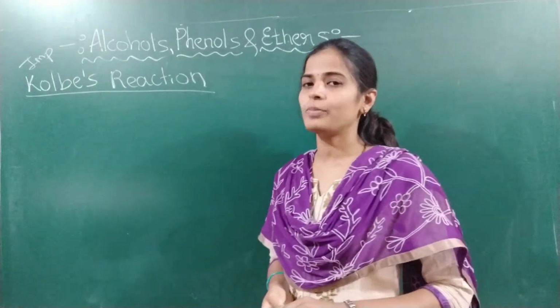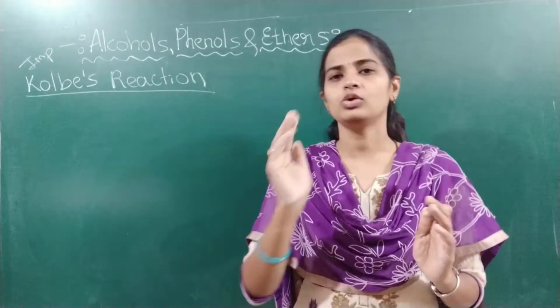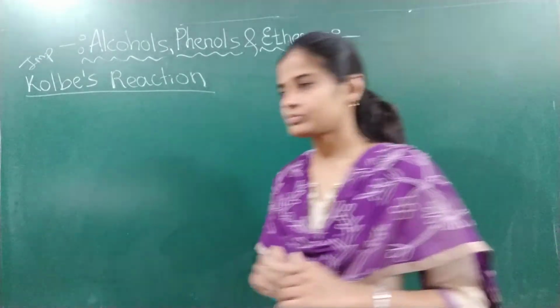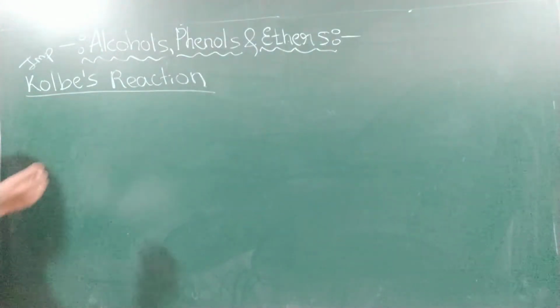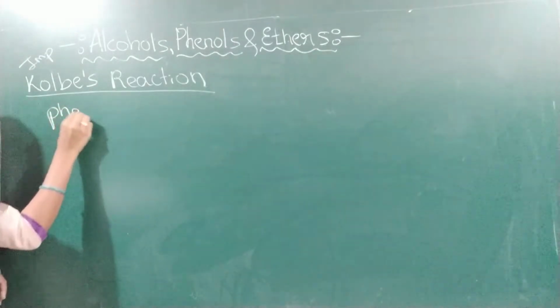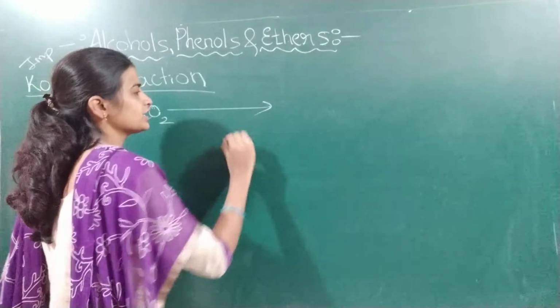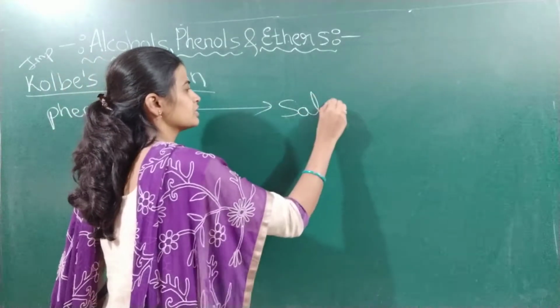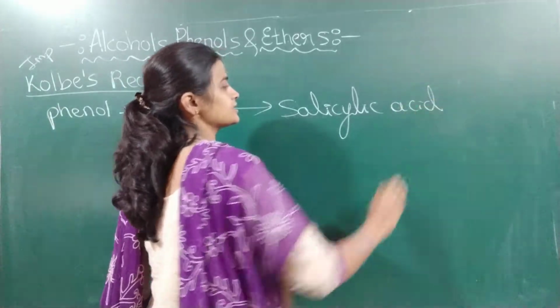Kolbe's reaction is the method for the conversion of phenol to salicylic acid. Phenol, by using carbon dioxide, will get converted into salicylic acid.